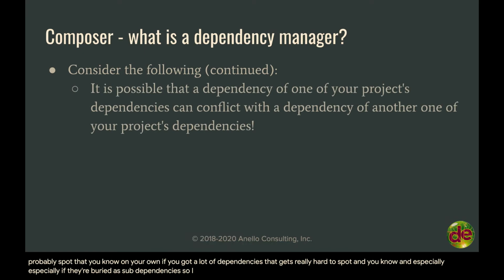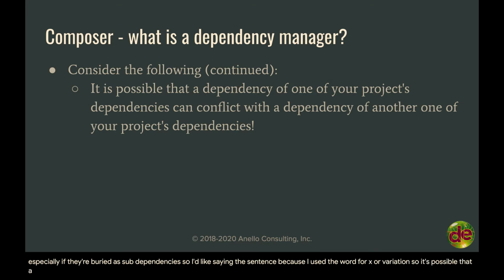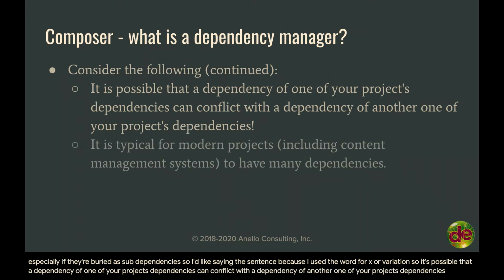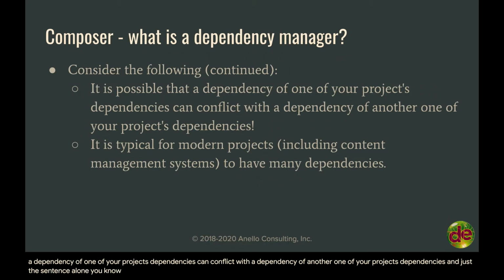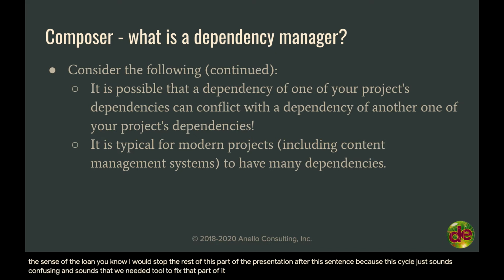So I like saying this sentence because I use the word dependency four times, or variations. It's possible that a dependency of one of your project's dependencies can conflict with the dependency of another one of your project's dependencies. Just this sentence alone, I would stop this part of the presentation after this sentence, because it sounds confusing and sounds like we need a tool to fix that part of it.